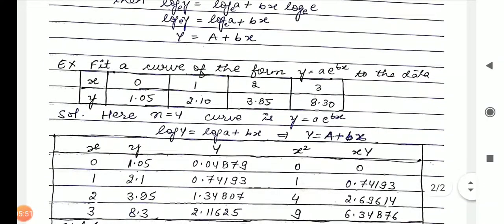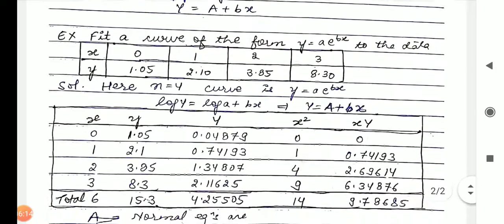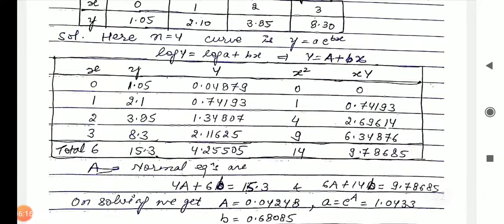Again, consider an example. Fit a curve of the form y is equals to a exponential bx to the data, values of x and y are given. So here n is equals to 4, the curve is y is equals to a exponential bx. As above, the equation of the curve to be fitted is capital Y is equals to capital A plus small b small x. So we have calculated the values in the tabulated form.